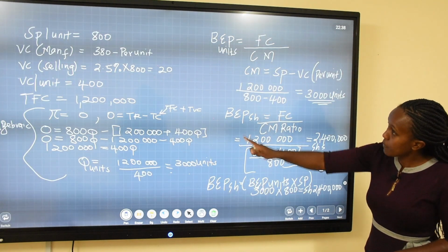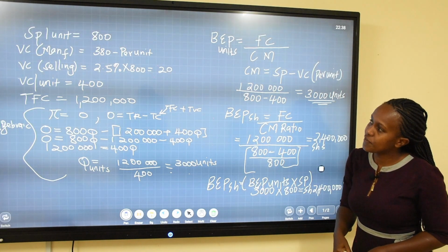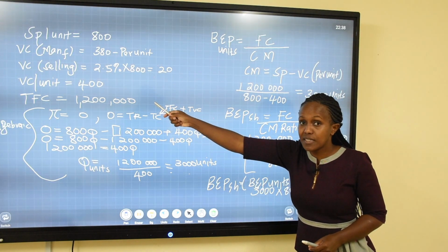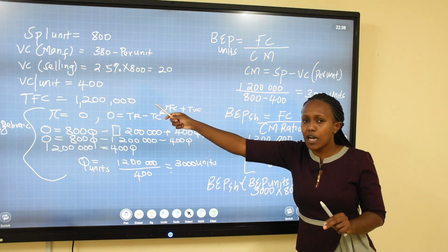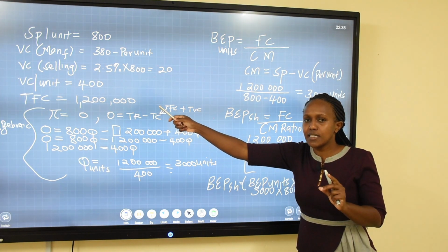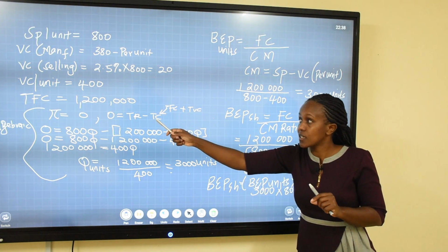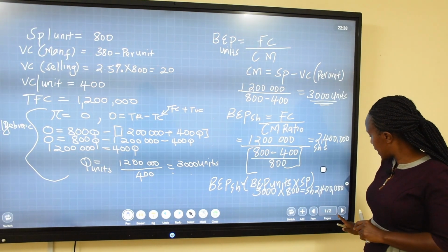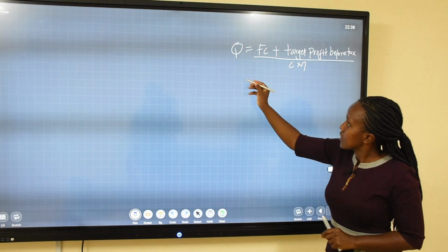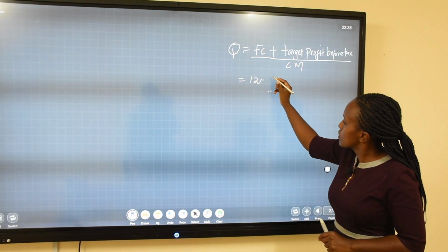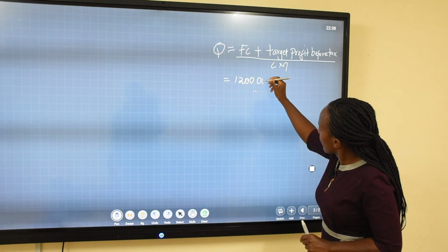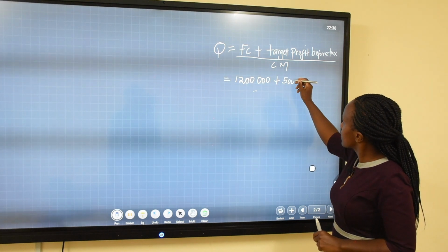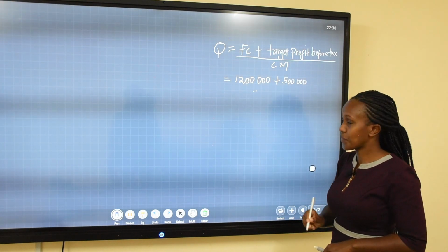Now, from the details from our previous question, you can see that the fixed cost here, which I'm talking about, is 1.2 million. Remember, we are answering the question of how many units we should sell to earn a certain target profit, here being 500,000 before tax. All these other details are the same. So, coming back to our answer, if the fixed cost is 1.2 million, then we are going to add the target profit before tax, which is 500,000.